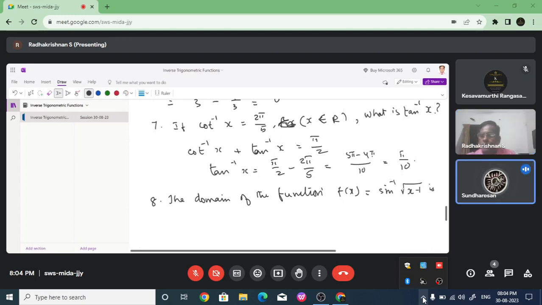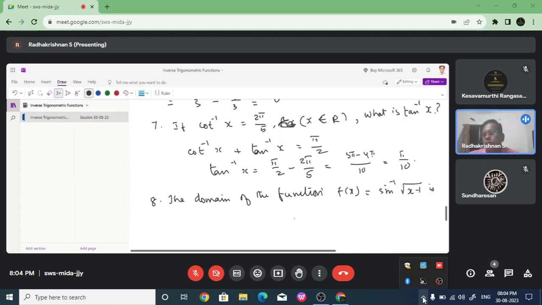Sine inverse of something, what are the values that are possible? See, sine inverse is defined only for values minus 1 to plus 1, right? Only inside the sine inverse, you can only have minus 1 to plus 1. Then only it is defined.